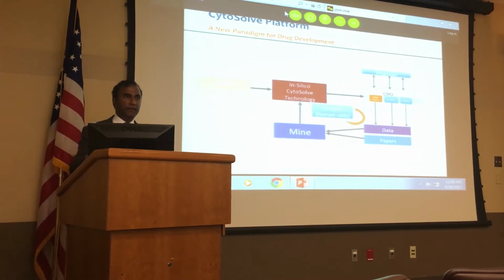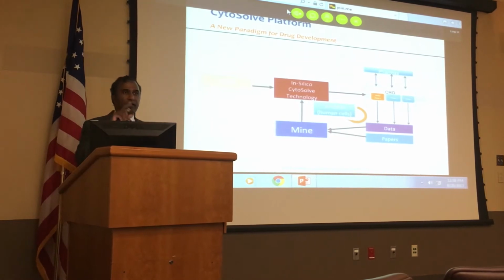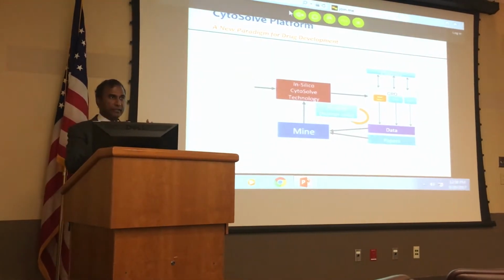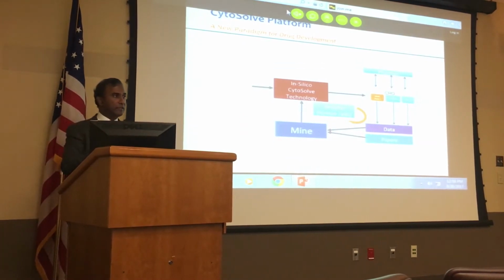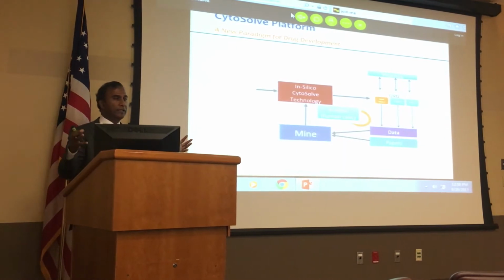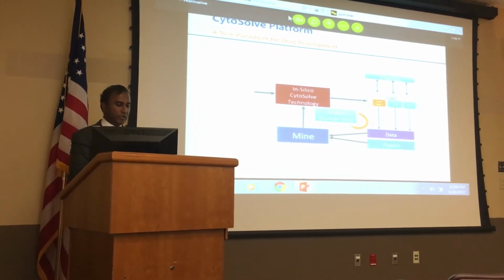You go to PubMed, there's tons of papers out there. The idea is to mine these papers, not just for data, but for those ball and stick diagrams and other systems. And then Cytosol can help orchestrate and put them together in what I'll show you, what we call an engineering systems architecture.